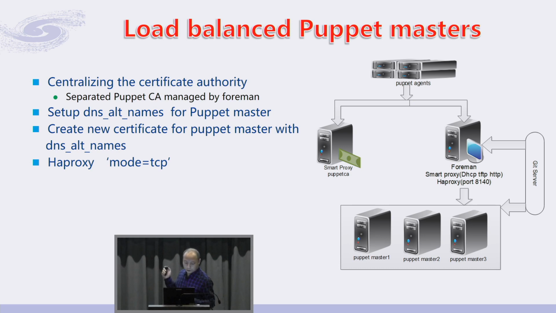So to finish this setup, we must set up the DNS alt names for the Puppet master, and create a new certificate for the Puppet master with DNS alt names.